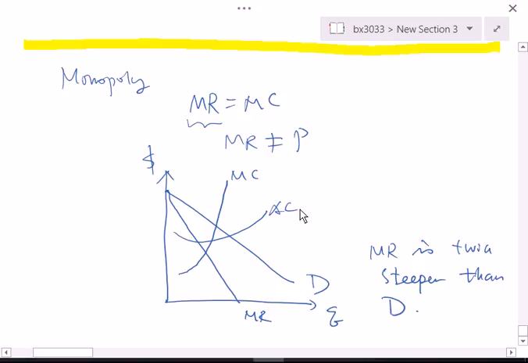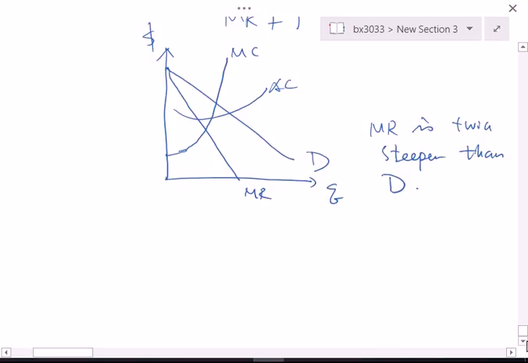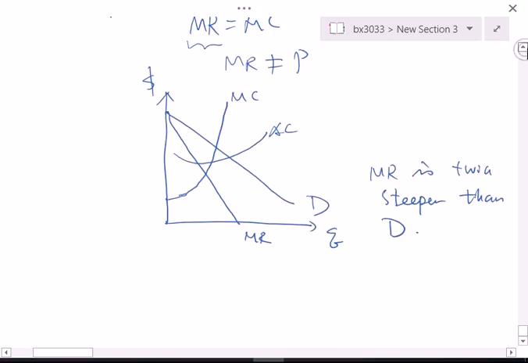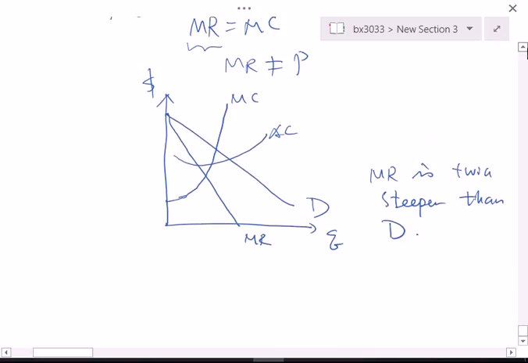Again, the decision that the firm wants to make is how many units of output the firm should produce such that the firm can earn the maximum profit.